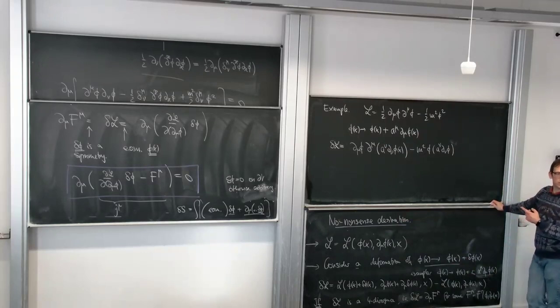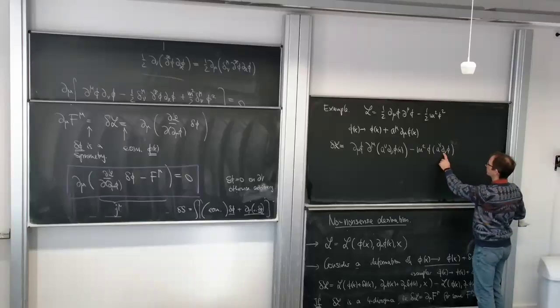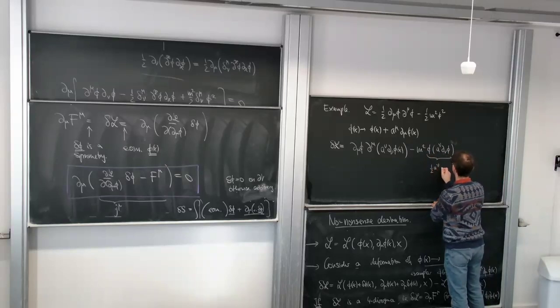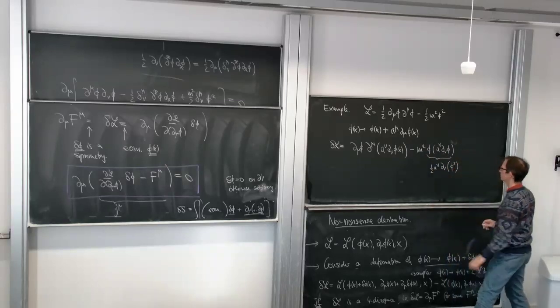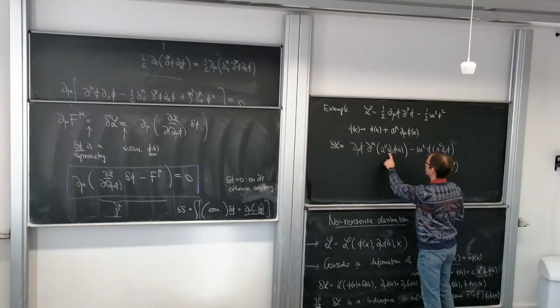And now the steps will be very similar to what I did in the beginning, like these unmotivated things. Here, for example, we pull out the d in the same way we did before. So this is a half a mu d mu phi squared. And here I'm pulling this out.